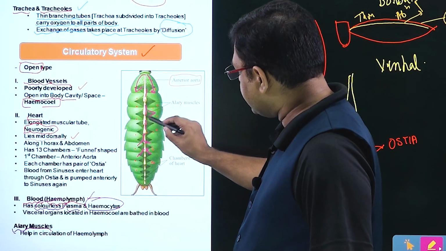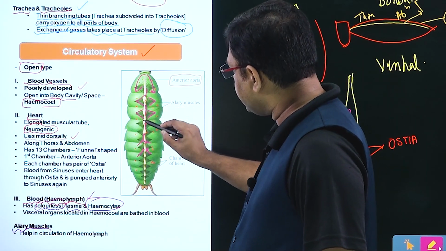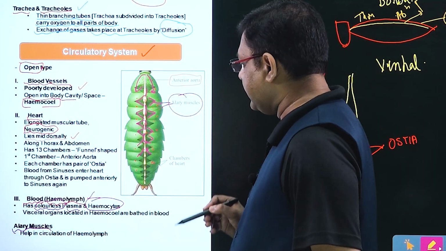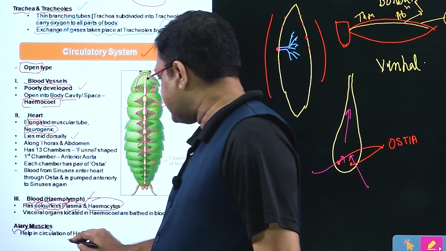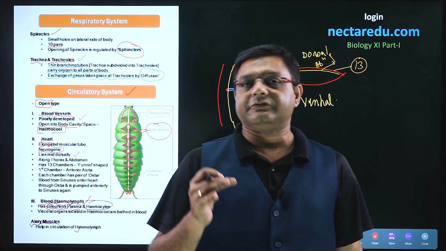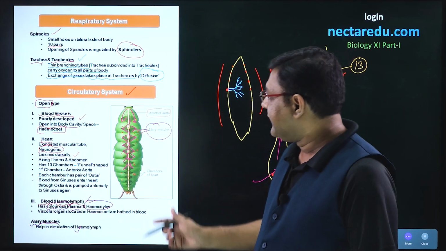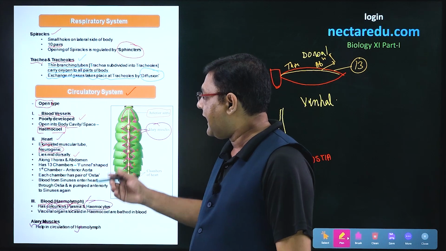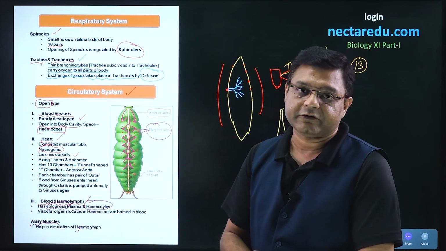The triangular, fan shaped muscles that we see here are the alary muscles, and alary muscles help in the circulation of hemolymph. So we can say that circulation of hemolymph will occur with the help of the heart, and alary muscles will help the heart in the circulation of hemolymph.